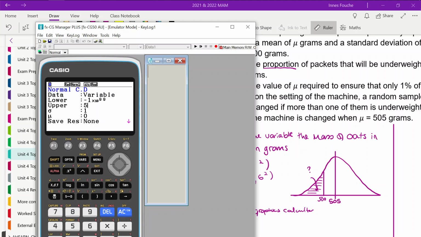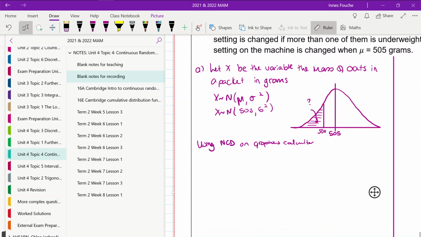Our upper value will be our 500 over there. We know that our sigma is going to be 6, and our mu is 505. So our probability that we'll have less than 500 grams inside a packet of oats is 0.2023.